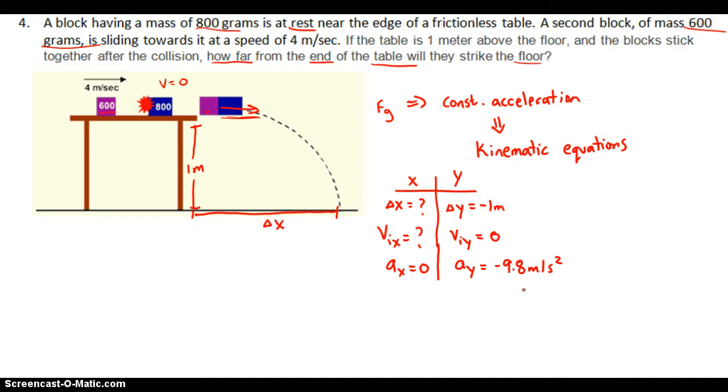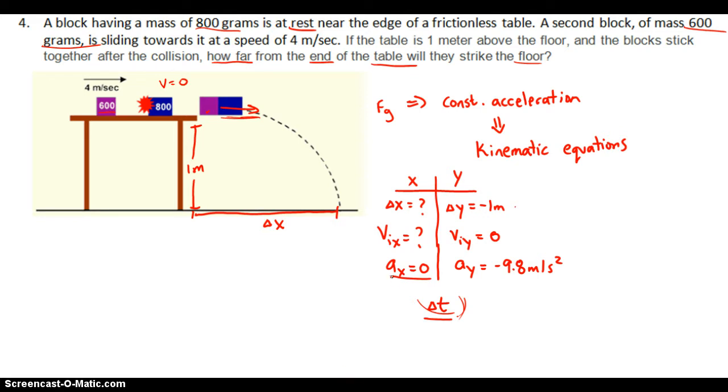Let's see what we can find using this. Now, it looks like we have 3 variables in the y direction. So we might be able to find time. Once we have time, then we have 2 pieces of information.